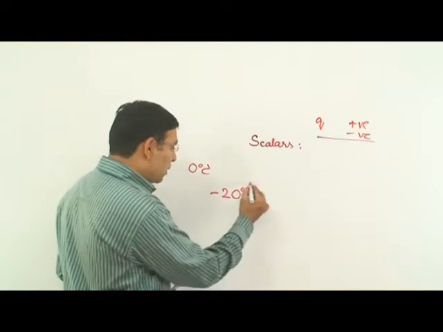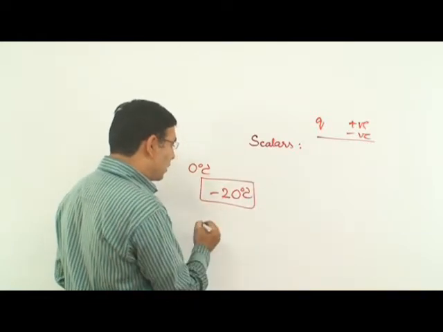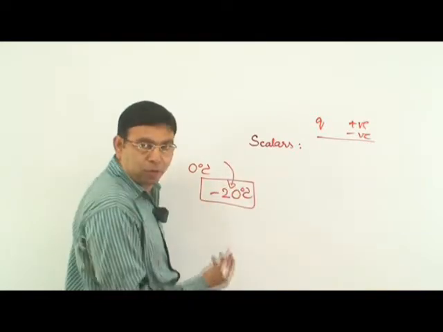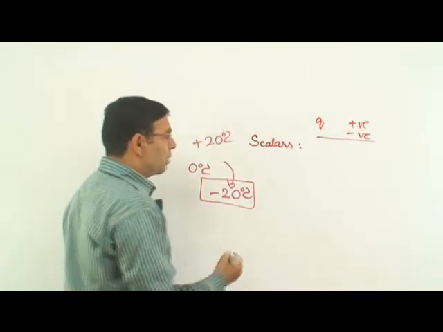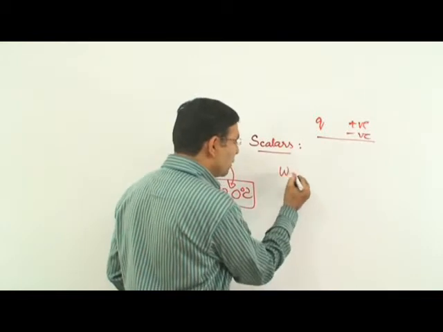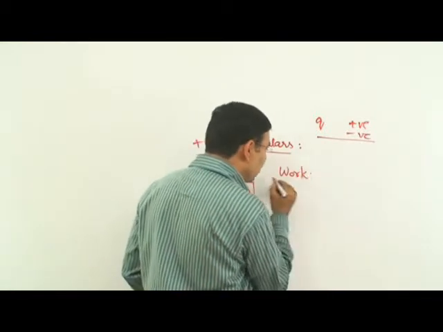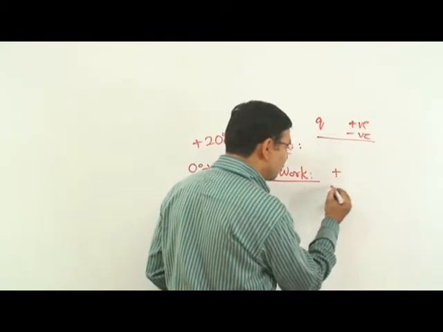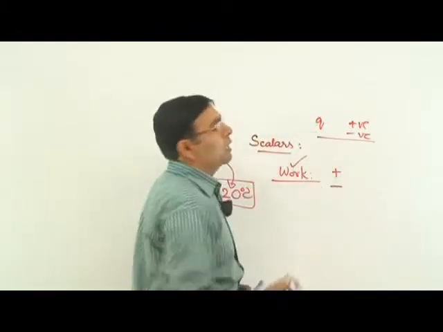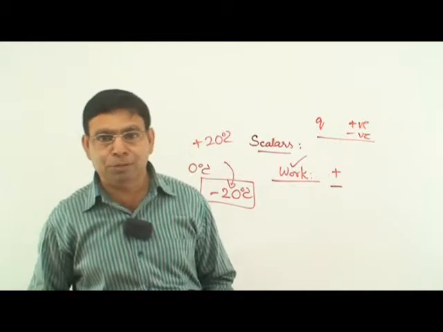Okay, so it's below 0 degrees Celsius means it's negative. It's a scalar quantity. It can be positive or negative temperature. Even work done by force, as we are going to learn in chapter work power energy, work done by a force can be positive as well as negative, even though work is a scalar quantity. So scalars can be both positive as well as negative.